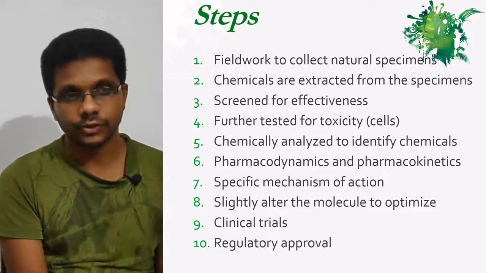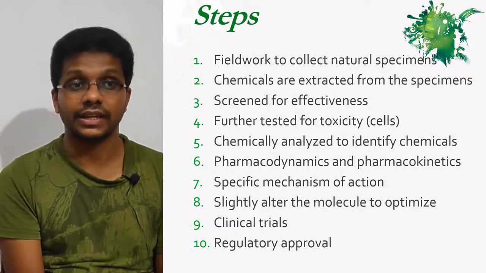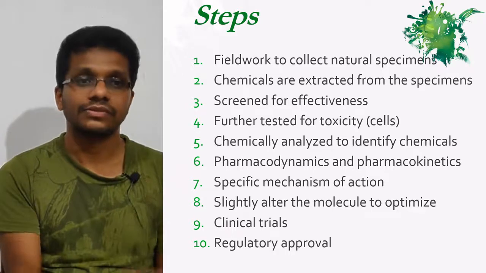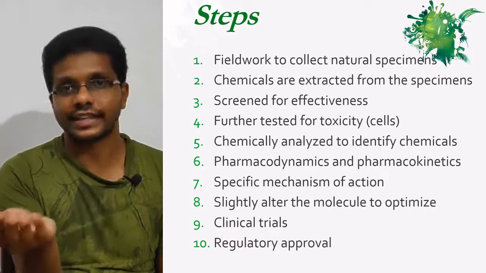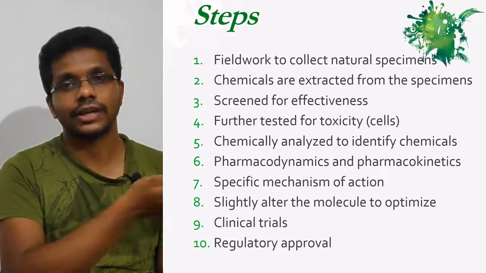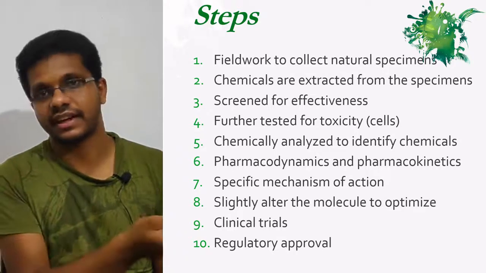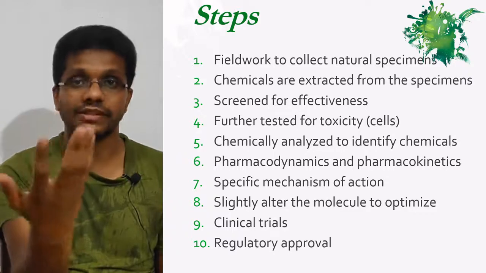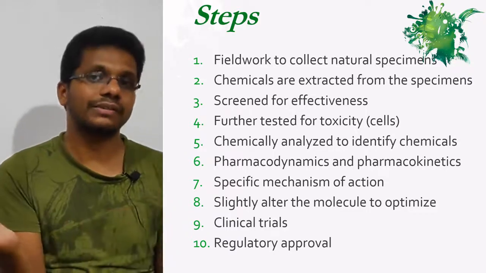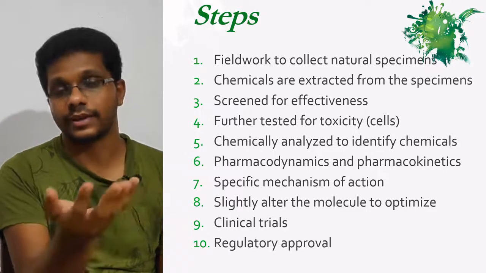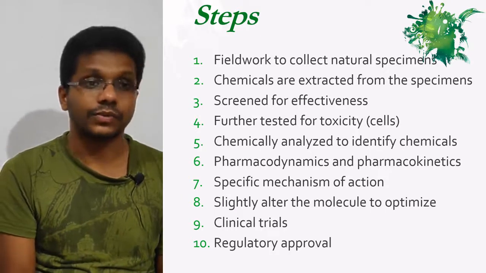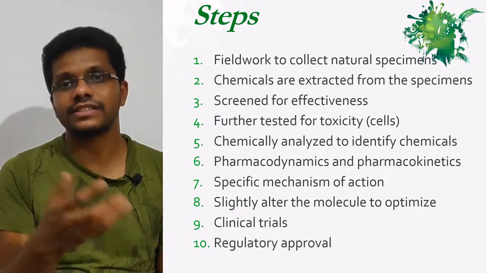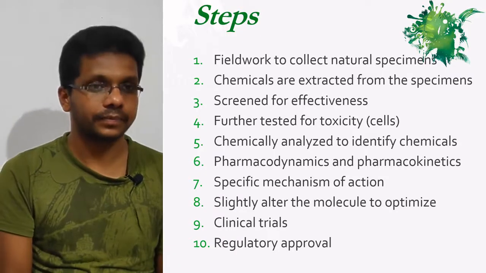Once we have the chemicals, we look for activities, such as antibacterial activity, antifungal activity, pigment-producing activity or immunosuppressive activity. Whatever activity you want, you can look for it in the chemicals. That's what is called screening. We are screening all the samples for useful products.